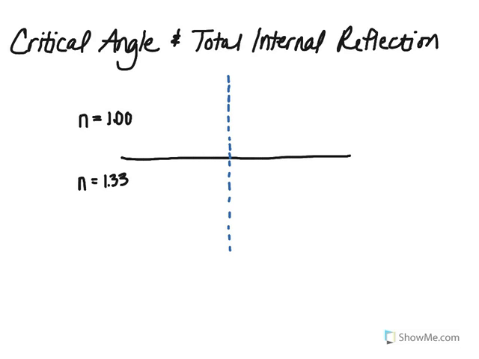anytime that we have an incident angle in the lower index medium, the light ray is going to bend toward the normal. So the angle of refraction must be smaller than the angle of incidence. And you can see that theoretically the largest possible angle of incidence that we could have would be 90 degrees.